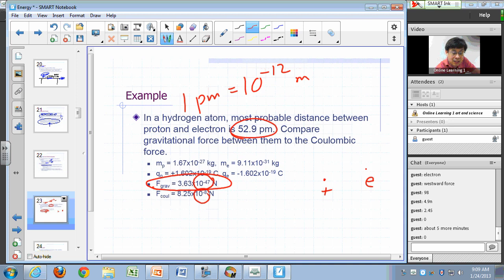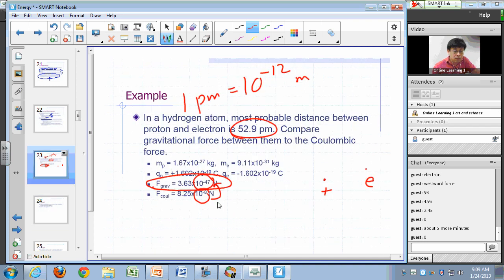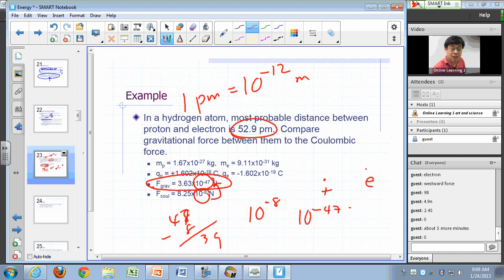Well, how does 10 to the negative 8 compare to 10 to the negative 47? 47 minus 8 is 39. So that's about 10 to the 39 times stronger.